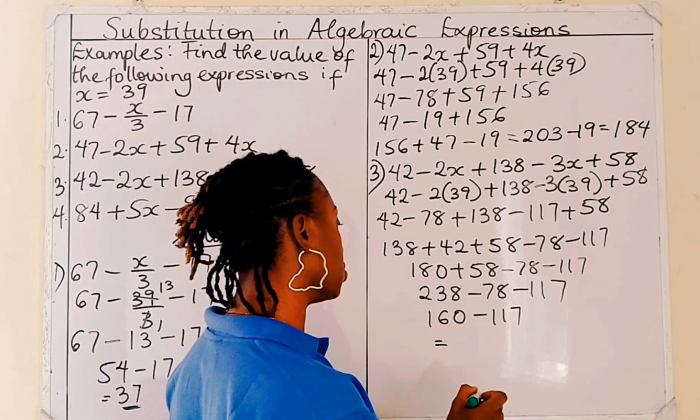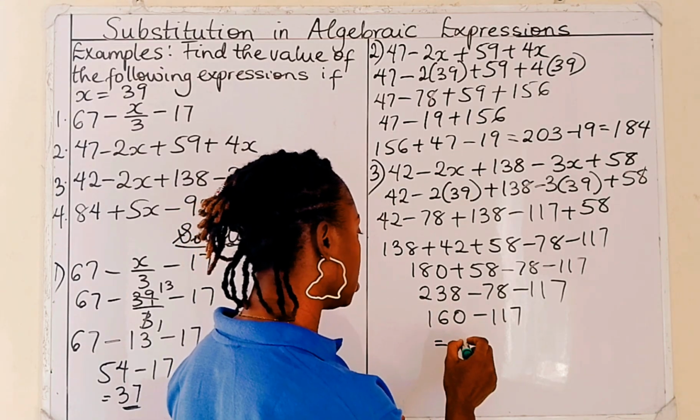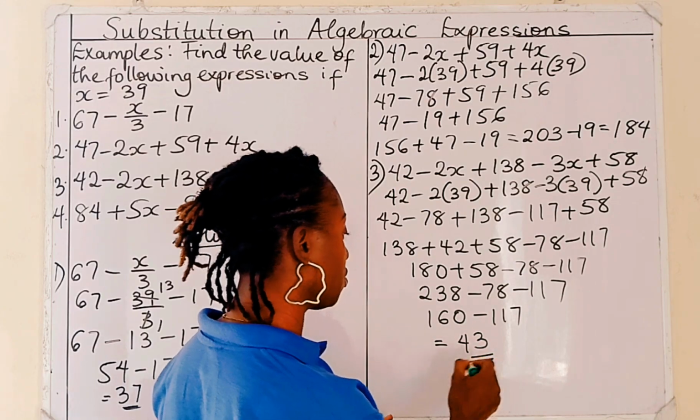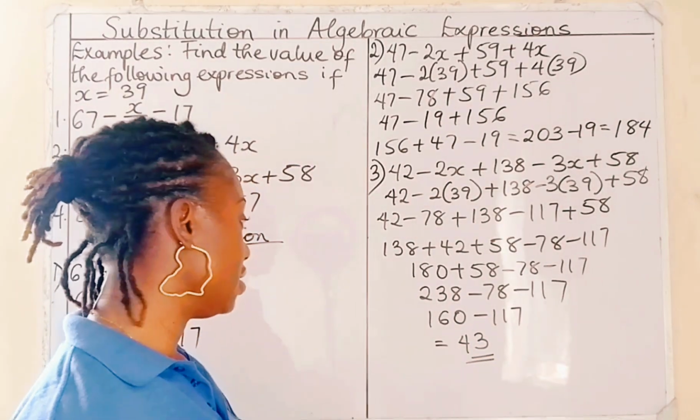And 160 minus 117 is 43. And that's the final answer.